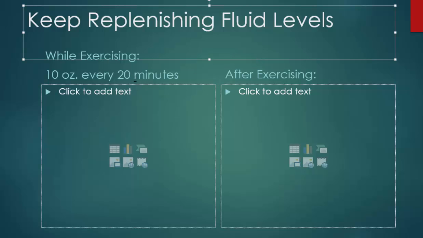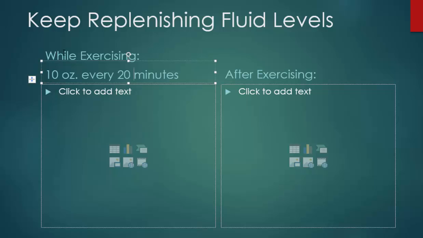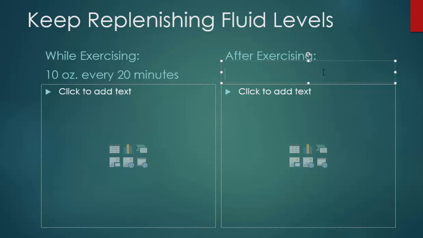Notice that in order to get the two lines, you need to press enter. So we're going to select into the after exercising box, and our insertion point is after the colon. If we press enter, notice that it begins a new paragraph in that same text box or placeholder.